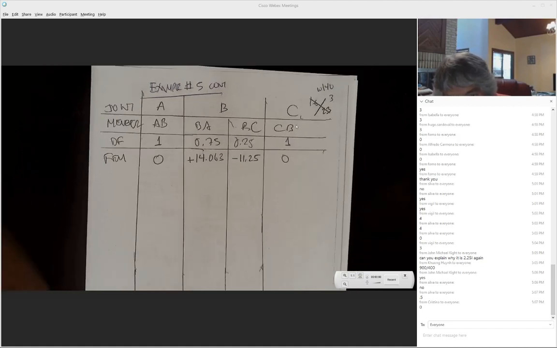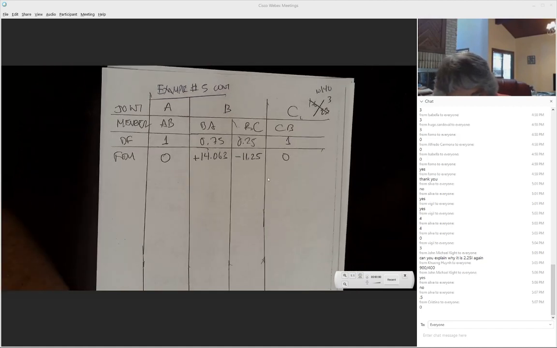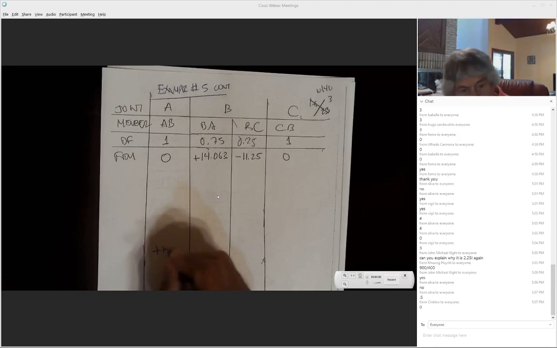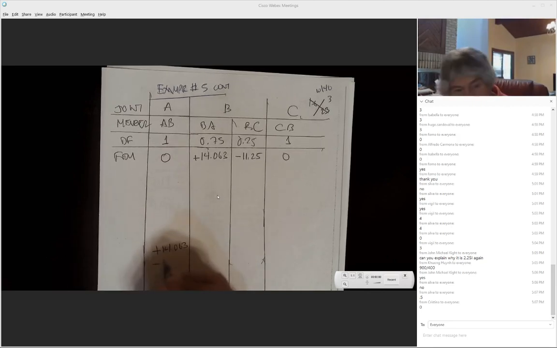And joint C, 1 because of a pin. To put this joint in equilibrium, the only joint that is not in equilibrium is B. So I have plus 14.063 minus 11.25.